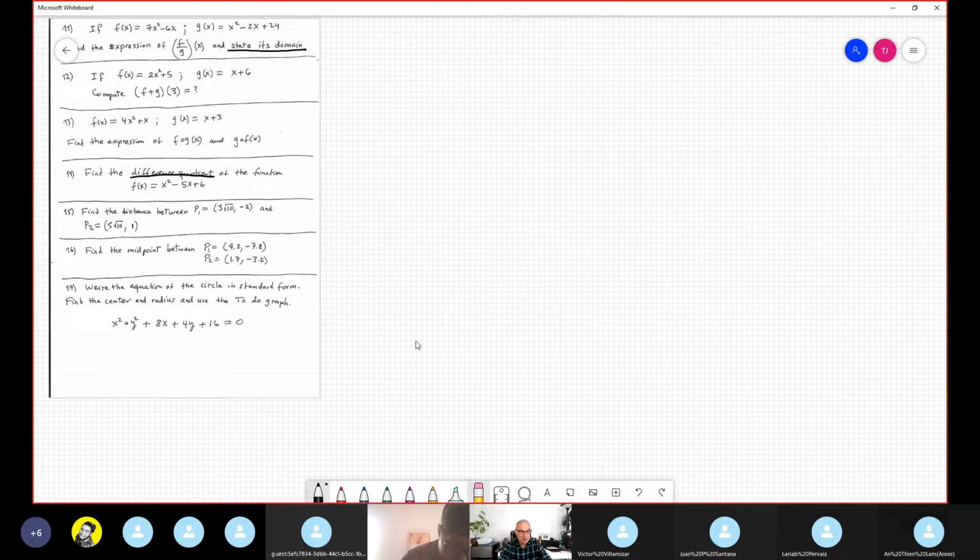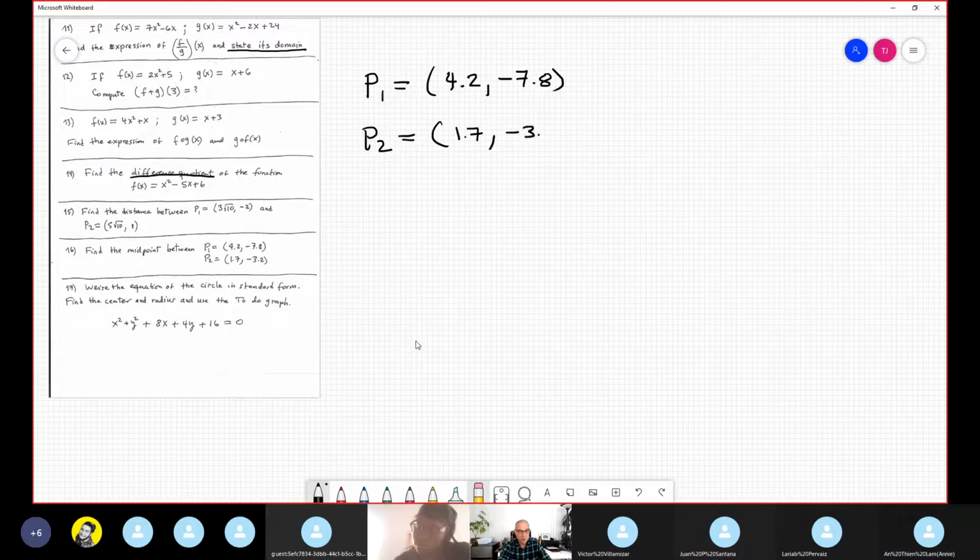The only tricky part is that the numbers are decimals, but we can use a calculator if you want. P1 is 4.2, comma, negative 7.8. P2 is 1.7, comma, minus 3.2. So the question says find the midpoint.